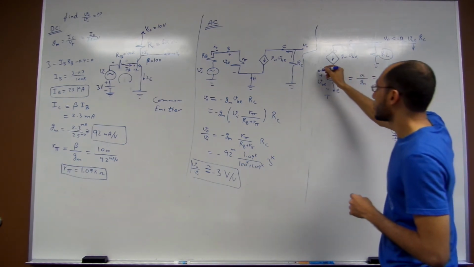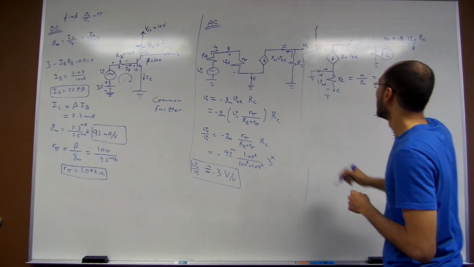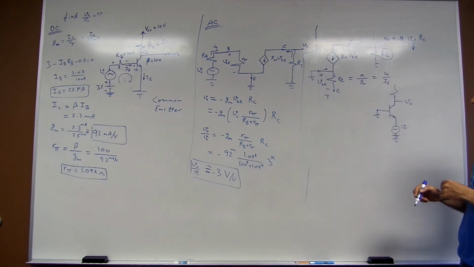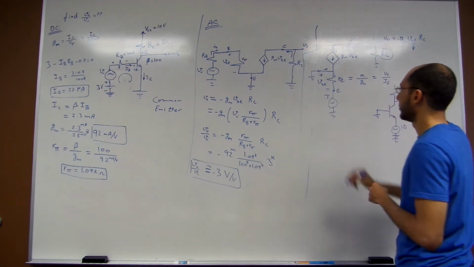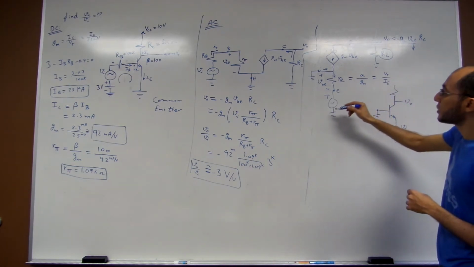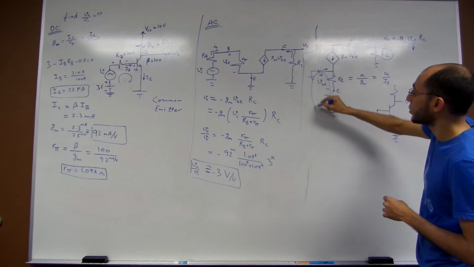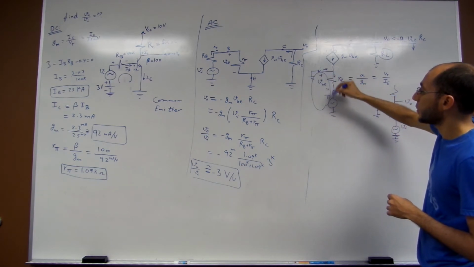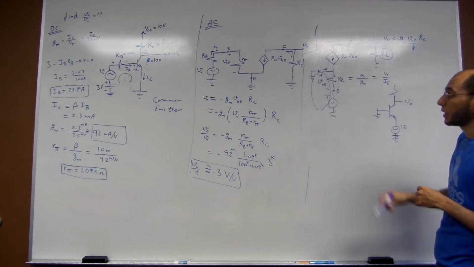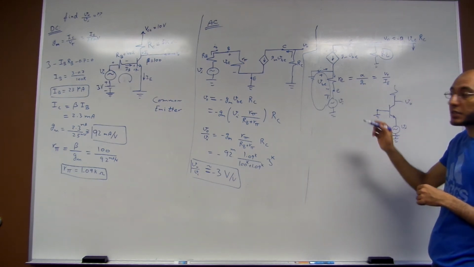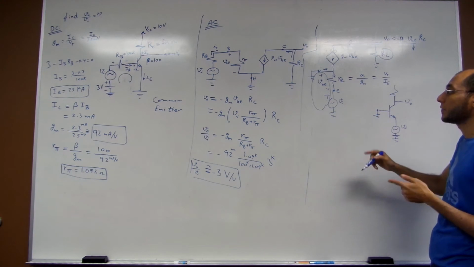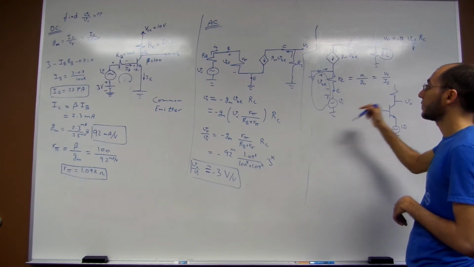Okay? I would be short-circuiting the base, right? And the input is fed from here. Okay? So in that case, you will be able to obtain the value of VBE through this loop, alright? As a direct function of V input. In that case, VBE is equal to negative V input, right?